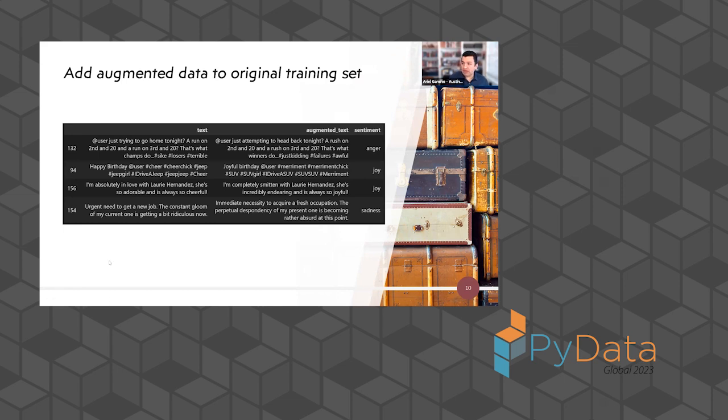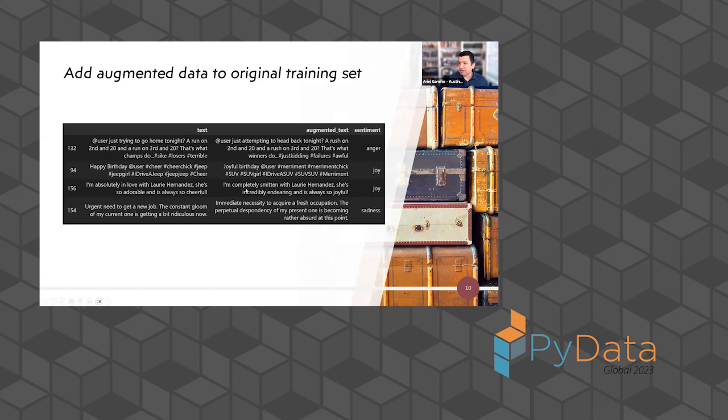Again, we started with a simple text that has the original tweet, and then we augmented it with an LLM, asking through a prompt, hey, you are a useful writer, I'm going to give you a text, just give me the same thing, maybe changing synonyms. I only use synonyms for this example, but you can do things like paraphrase it or say it another way, while indicating in the prompt not to change the sentiment.